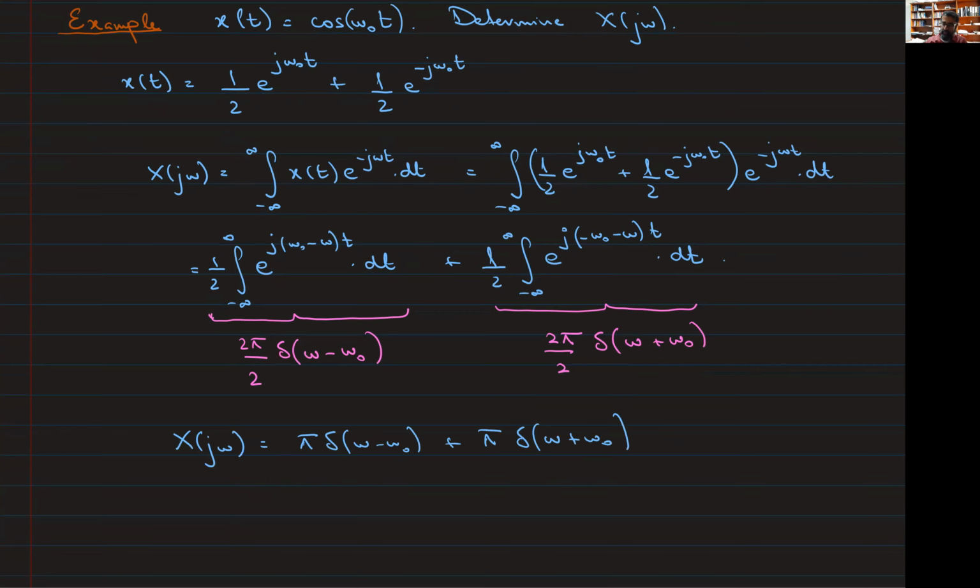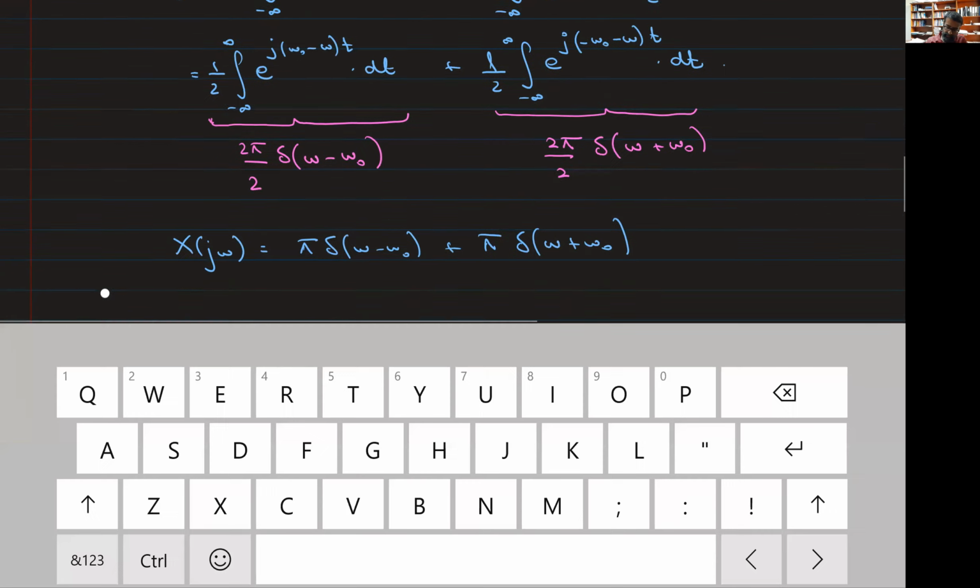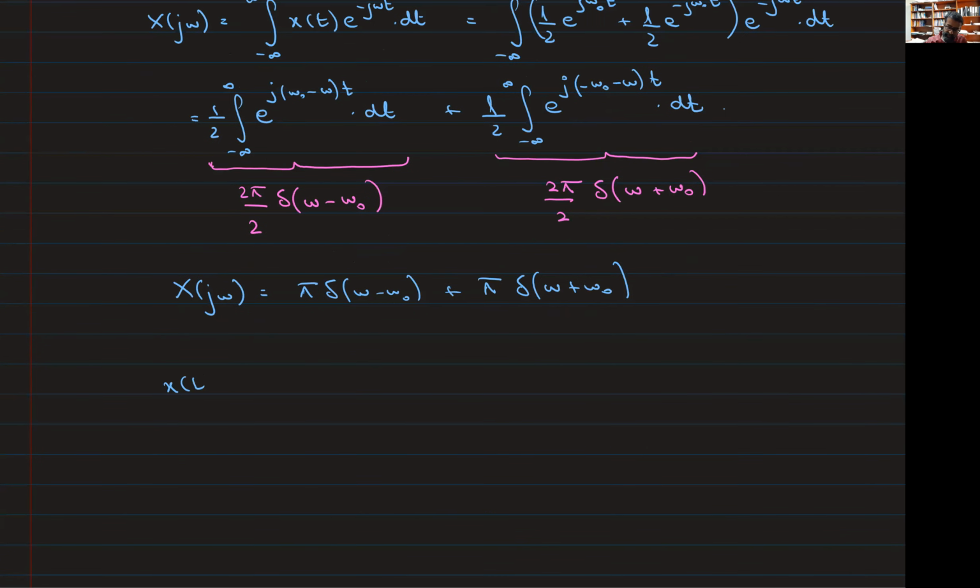So the Fourier transform of a cosine is two impulses. So x of t equals cosine omega naught t has the following Fourier transform. There's an impulse residing at omega equals omega naught, which has a height pi, and there's an impulse residing at omega equals minus omega naught, and the height is pi, right?